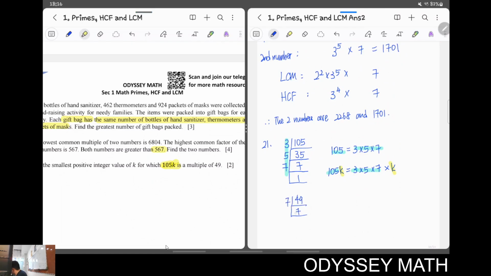49 divided by 7 is 7. 7 divided by 7 is all the way until 1. So 49 equals, multiply the numbers here vertically, 7 to the power of 2. Okay?